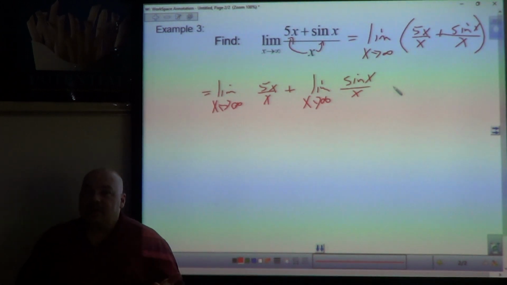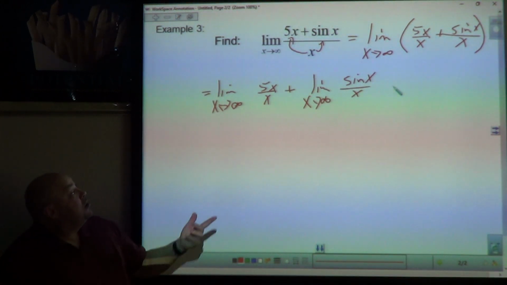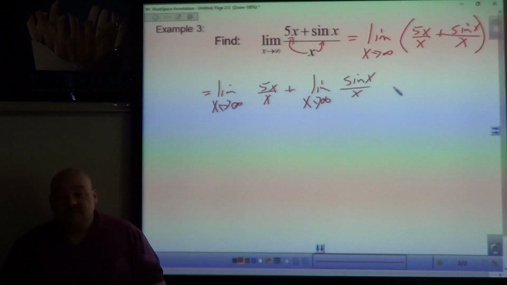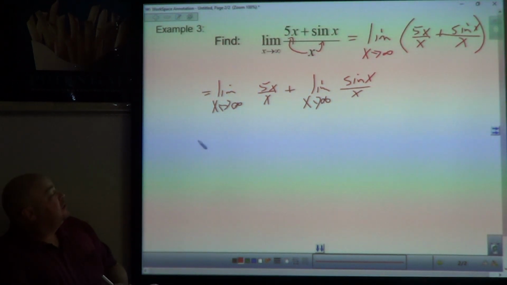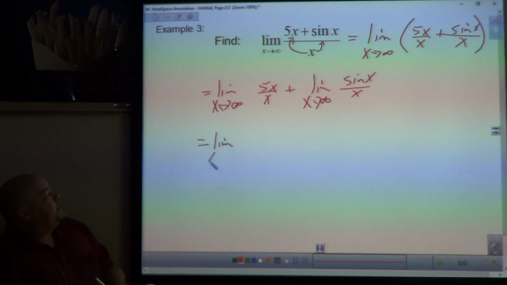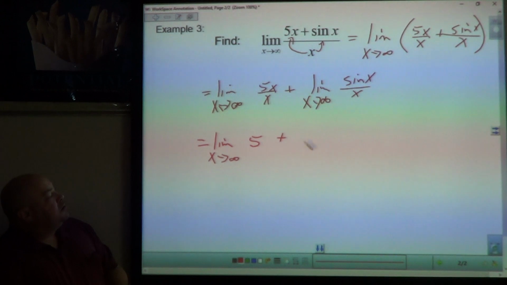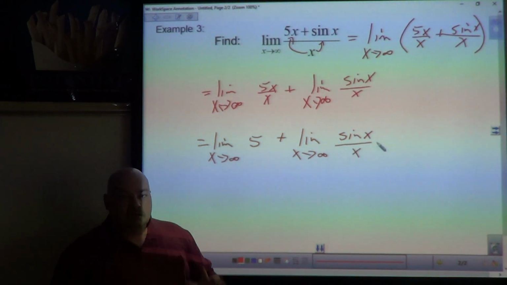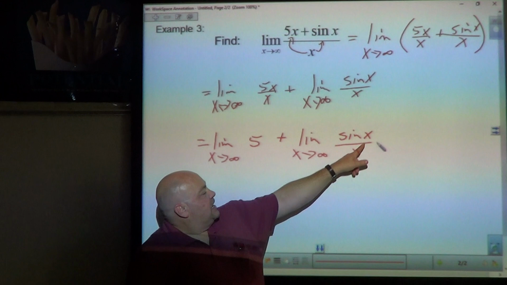All right, then we can do some algebra on this one and cancel out our x's, so we get the limit as x approaches infinity of 5 plus the limit as x approaches infinity of sine x over x. Now don't forget, don't make me mad and cancel these out.